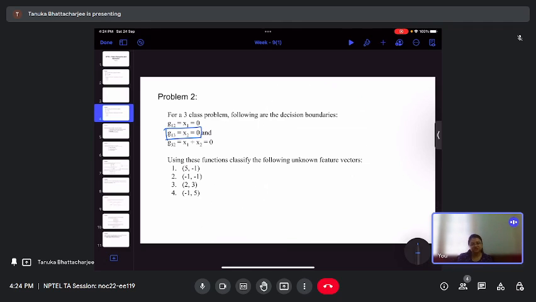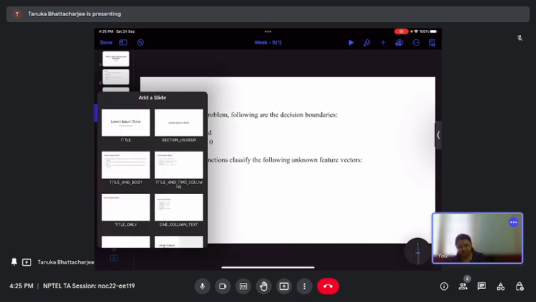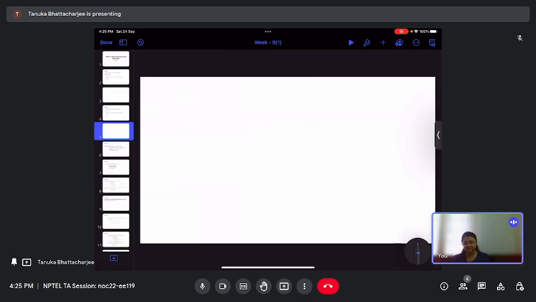If we change this, and then again we are asked to classify the same 4 points into the 3 classes, we can plot these boundaries again and see how the region looks in this case. This is again the entire feature space, this is x1, this is x2, and your G12 is again the same.